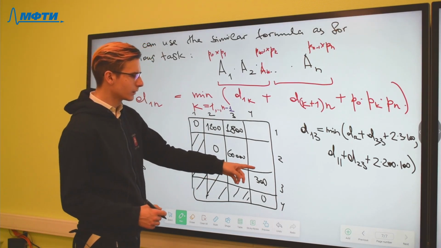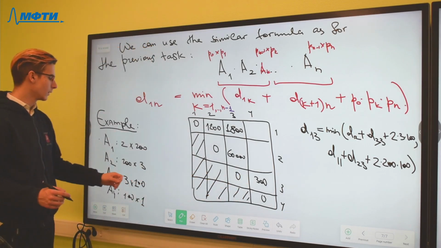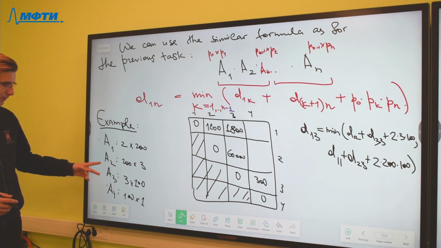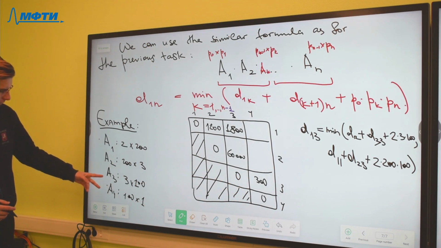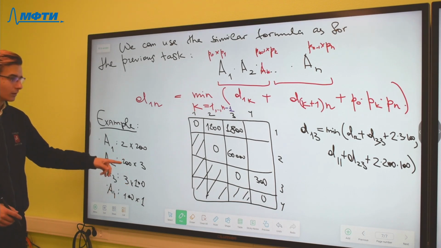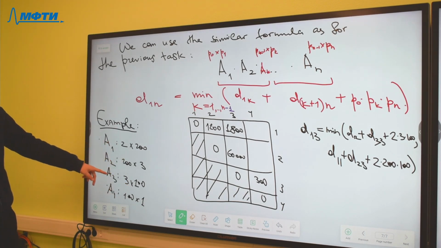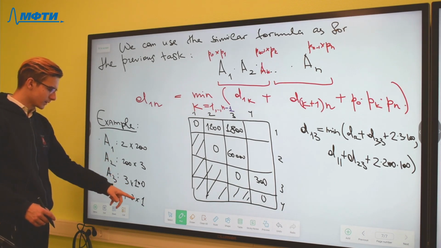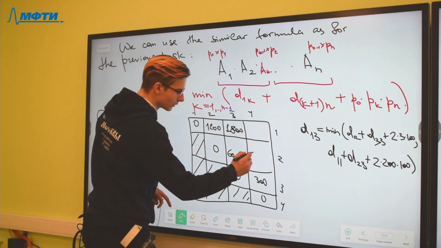And here we can add the multiplication of these two. On these two, here we spent 3 multiplied to hundreds, 60. Right?